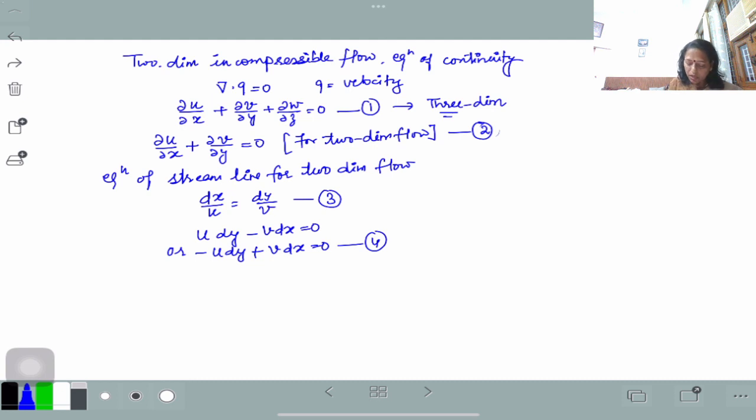So this is a differential equation which will become an exact differential equation if certain condition is satisfied on u and v. And what is that condition?